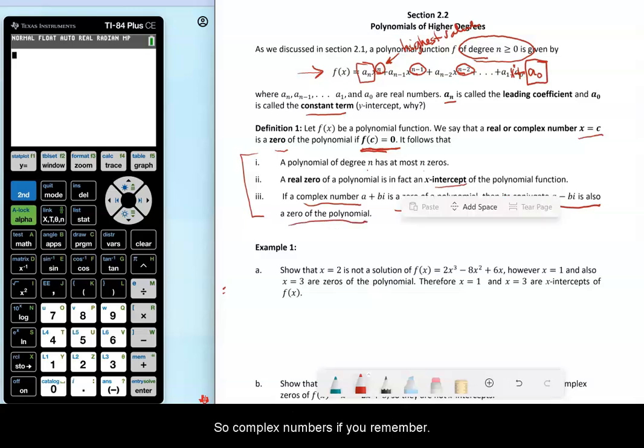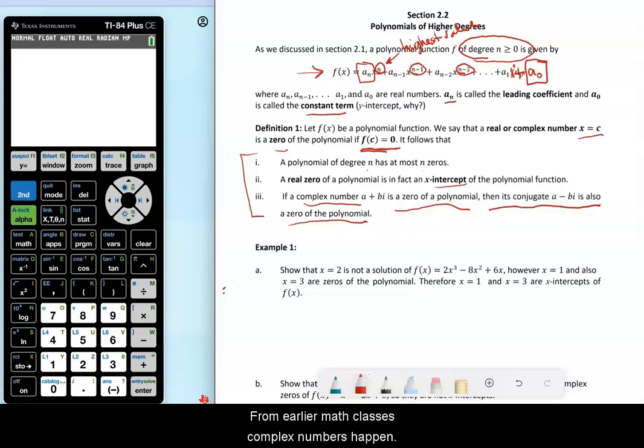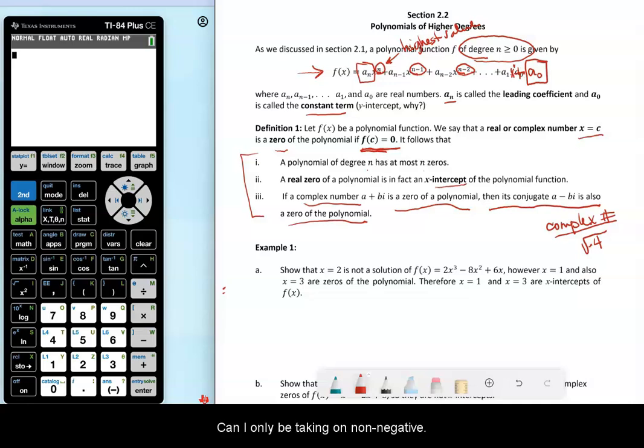So complex numbers, if you remember from earlier math classes, happen from imaginary numbers, and it happens when you take the square root of a negative number. So the square root of -4, you can't have a square root of a -4. Square roots can only be taken on non-negative numbers.